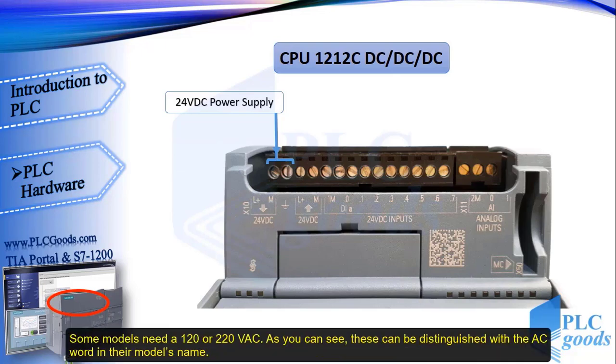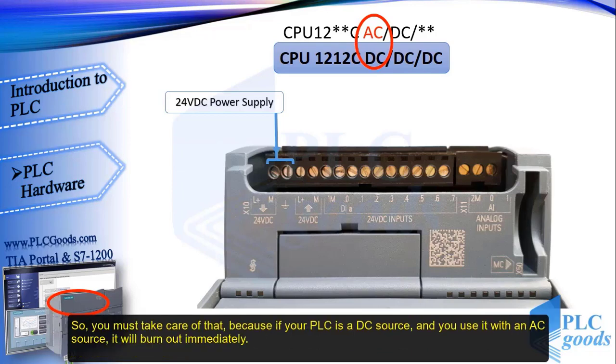Some models need a 120 or 220 VAC. As you can see, these can be distinguished with the AC word in their model's name. So, you must take care of that, because if your PLC is a DC source and you use it with an AC source, it will burn out immediately.